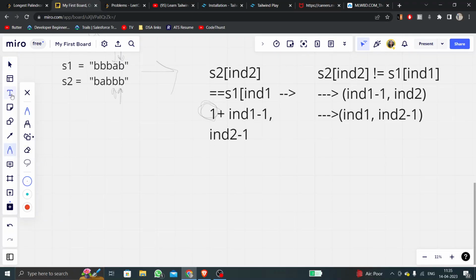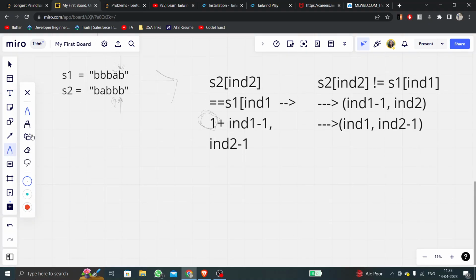Let me explain this here. See, here the length is increased. Here characters are the same, so I add 1 and move to these indexes. I add 1 and we see what comes here.